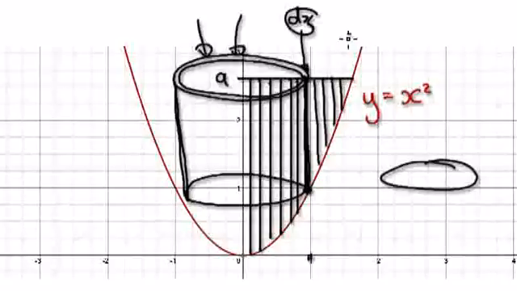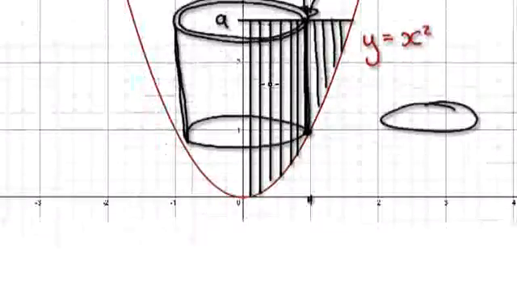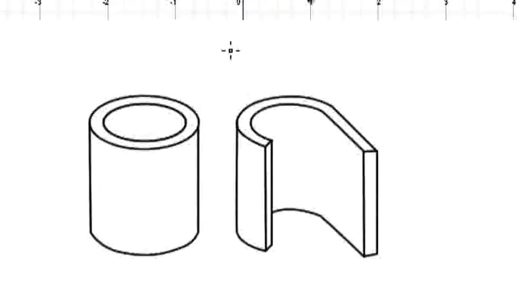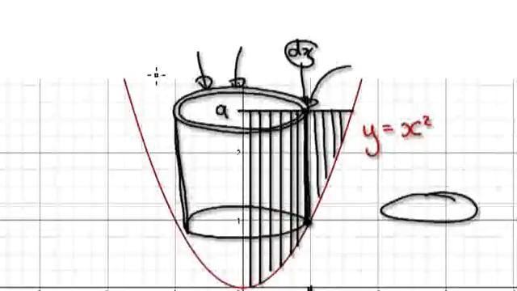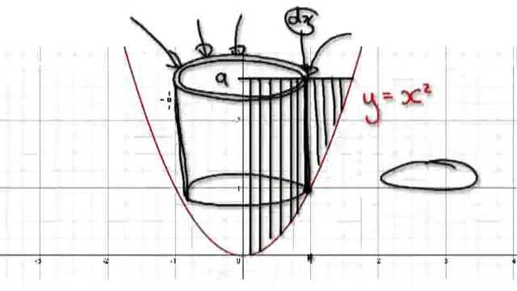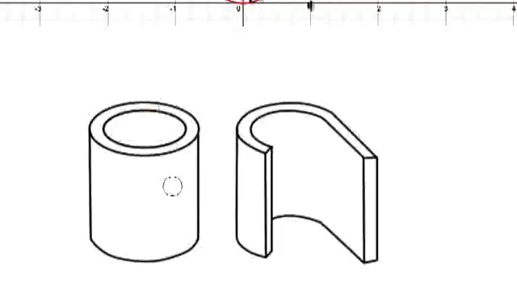So a new way of working out volume would be summing up all the cylinders. If you rotate this one particular rectangle 360, you're going to get a cylinder looking something like this, and this here is your thickness, your dx.